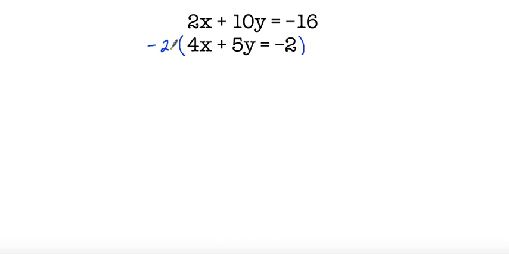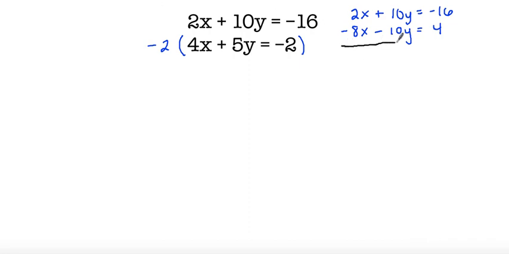by negative 2. And so I end up with 2x plus 10y is equal to negative 16 because we're not changing that. And then I end up with negative 8x minus 10y, and then I have to multiply the negative 2 also by negative 2. That equals 4.